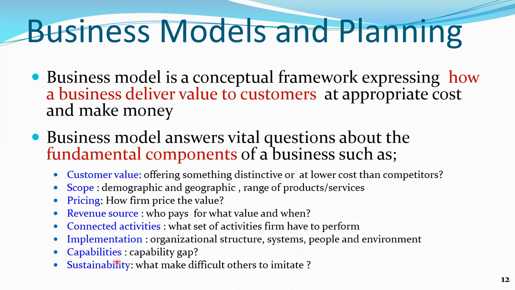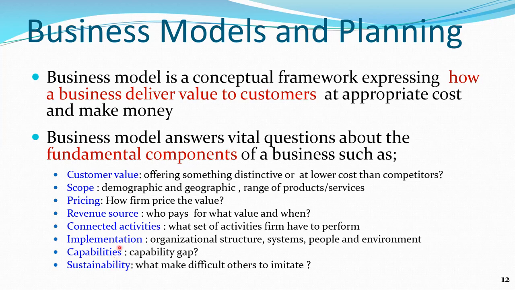Therefore sustainability is a very difficult thing to handle, but what most companies do is change their strategies. Once they change their strategies, it's very difficult for a competitor to copy or imitate you. That's the idea.